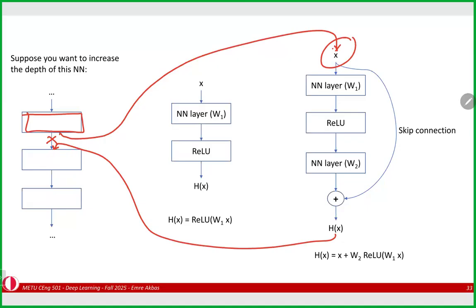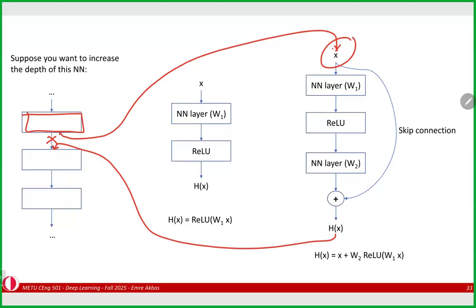It goes through a neural network layer parameterized with W1, and then a ReLU, and then another neural network layer with W2. And then there's a plus here, which takes this input as it is and adds to the output of the small network here. And at the end, we call this H(x), which computes x plus W2 times ReLU(W1 x), considering that these are fully connected layers for ease of explanation.